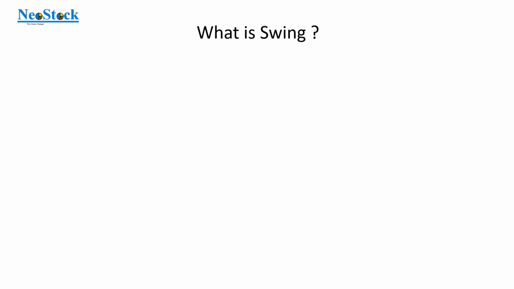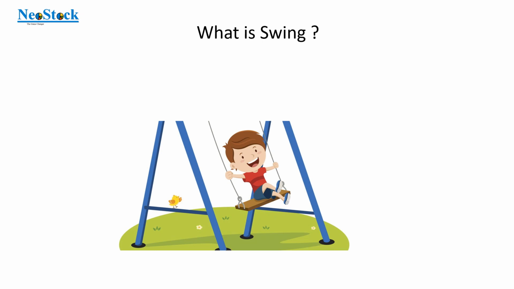What is swing? You know the cradle, right? So when you swing by using the cradle, what you can observe? The cradle moves from one extreme end to another extreme end.